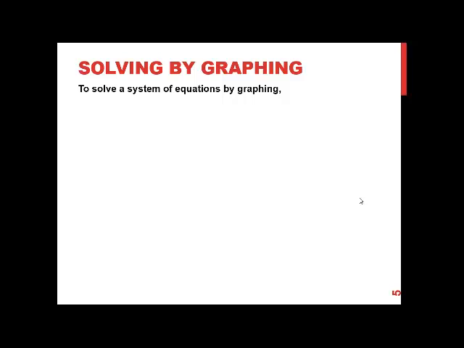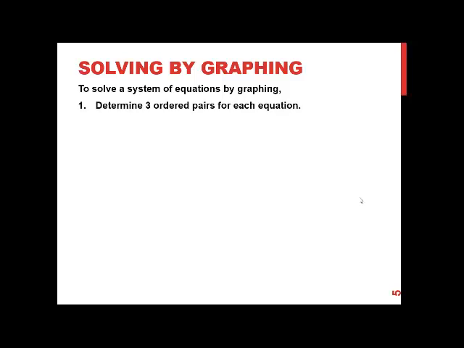One way to solve a system of equations is through graphing. Remember that a graph lists all the points that satisfy an equation. So if we have two equations represented by two lines, the place where those two lines intersect will be the solution to the system.